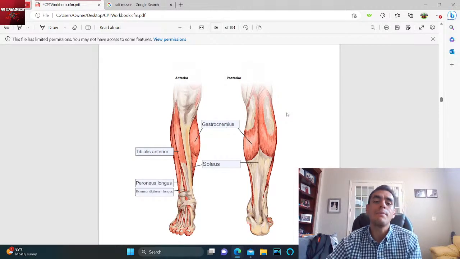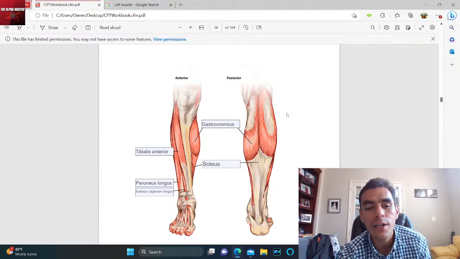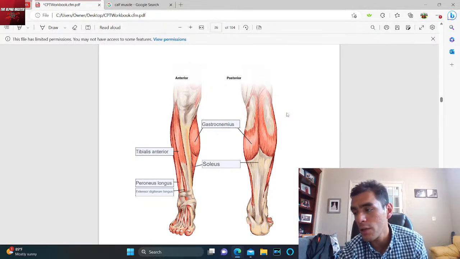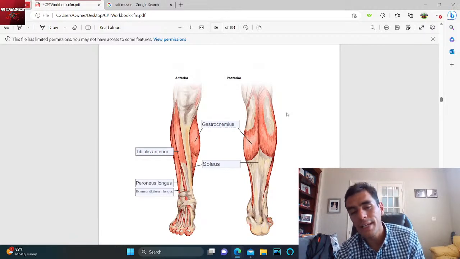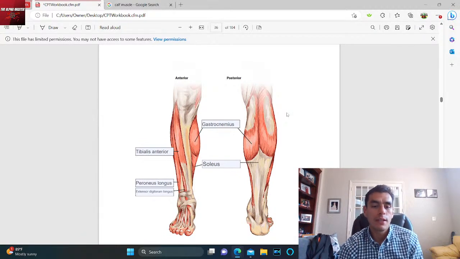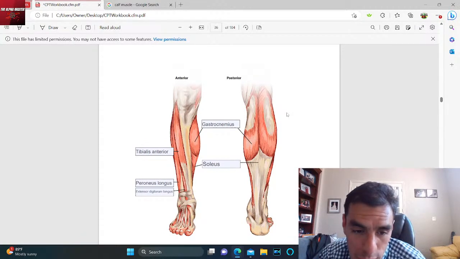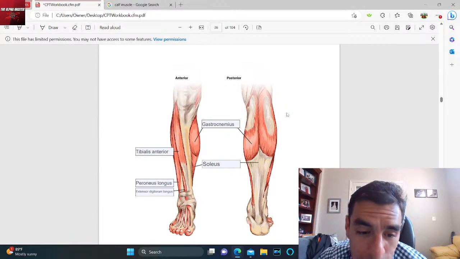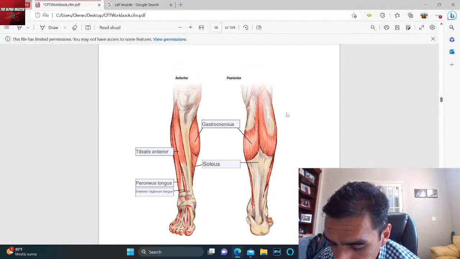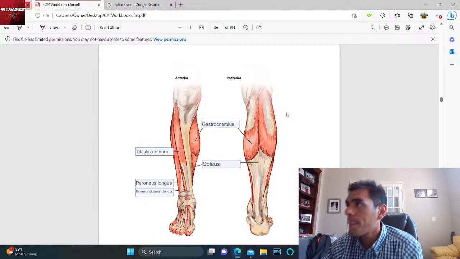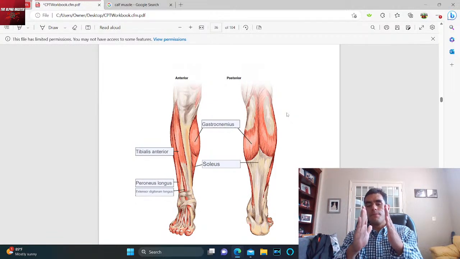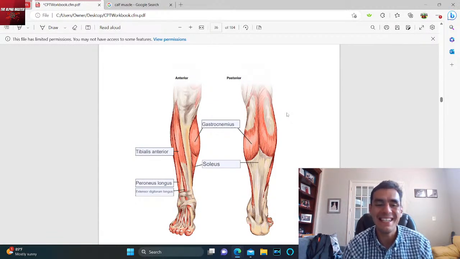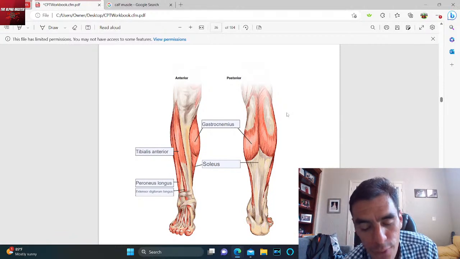The tibialis anterior, on the anterior side, is all that muscle that is really close to your tibia bone. Then you have the peroneus longus, near your ankle, and the extensor digitorum longus, a narrow muscle in the foot.